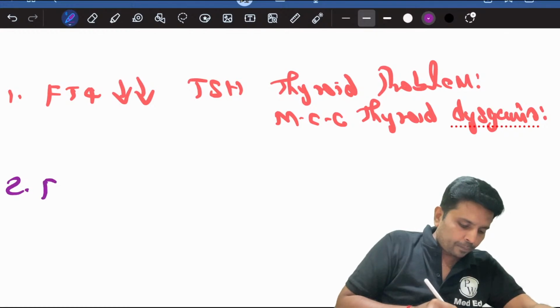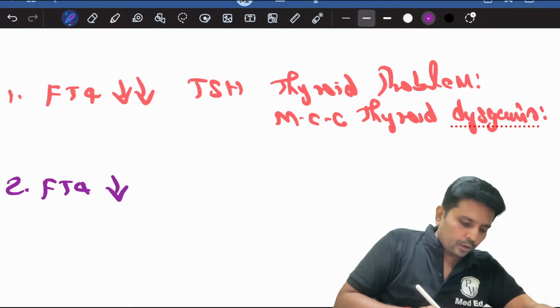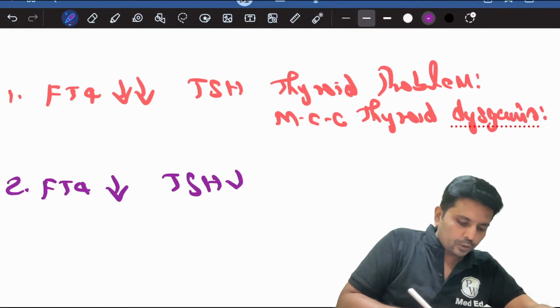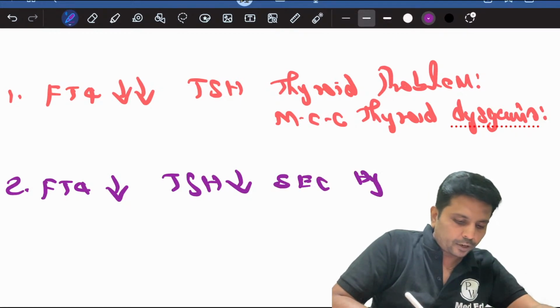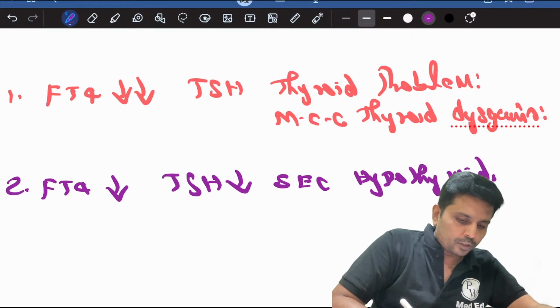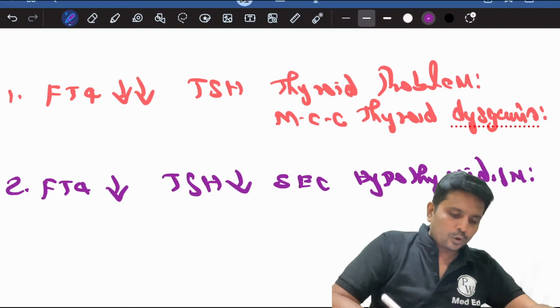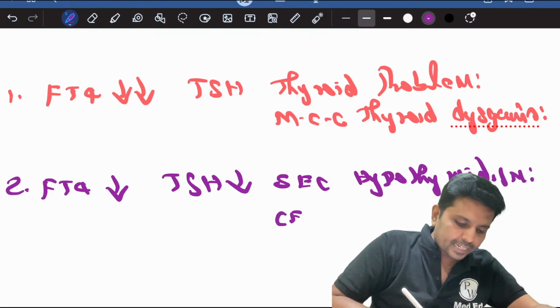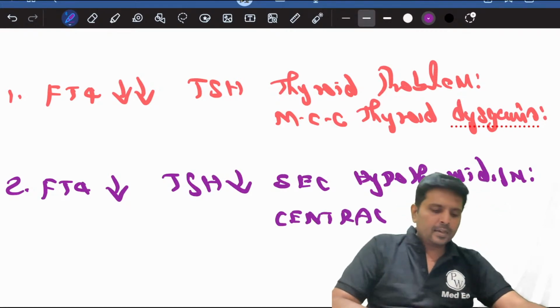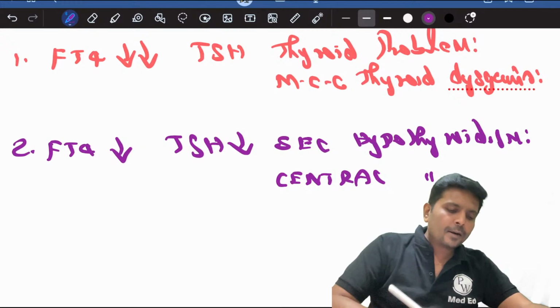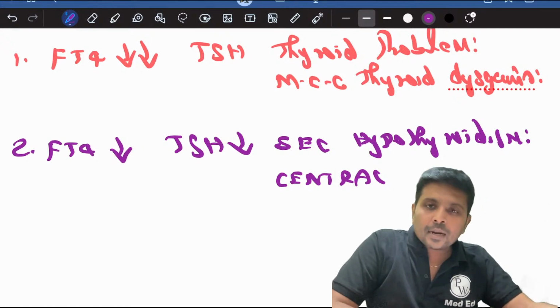Second one, let me repeat again. In the second one, free T4 is low as well as TSH is low. So what is this? This is secondary hypothyroidism, called central hypothyroidism. The problem is in the hypothalamus or pituitary.